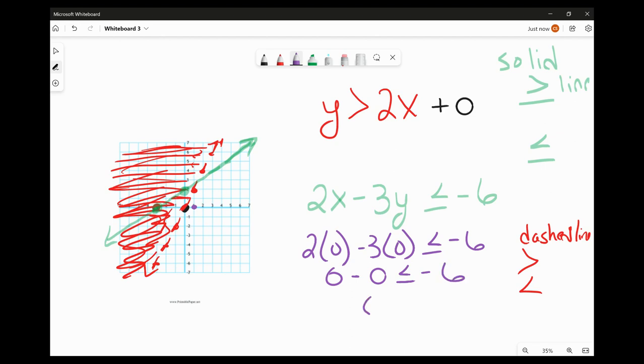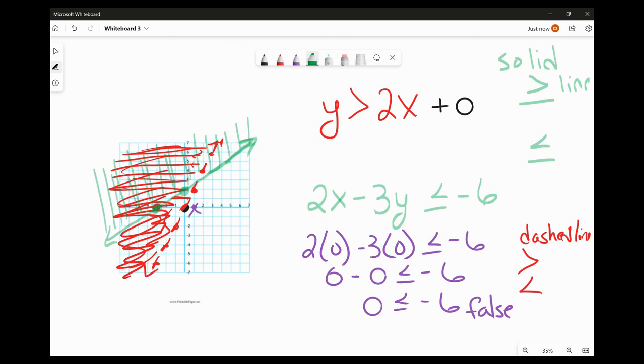So it looks like this. 0 minus 0 obviously is 0. Since 0 is not less than or equal to -6, it's not part of my solution group. So that means I'm going to highlight the opposite side. So in green, I'm going to highlight the opposite side.